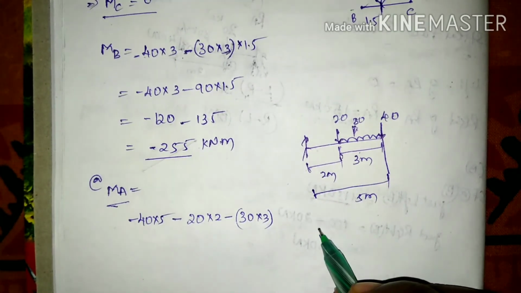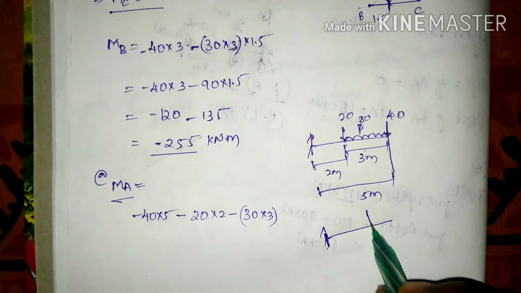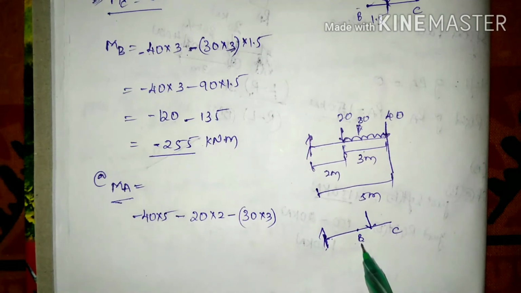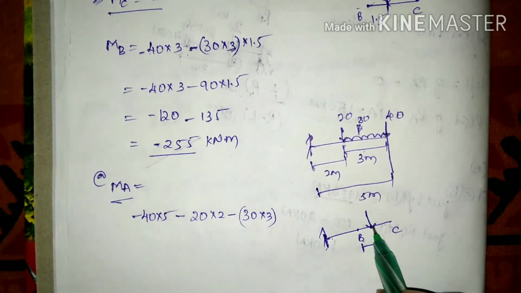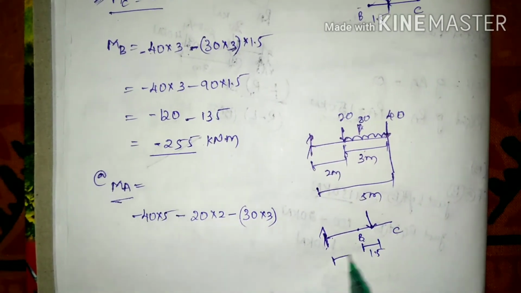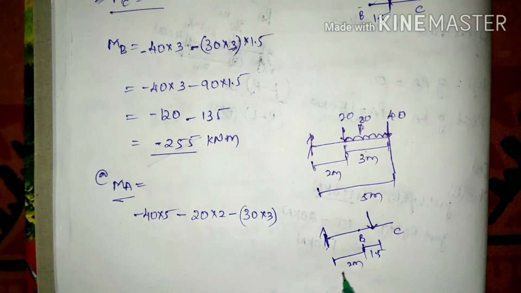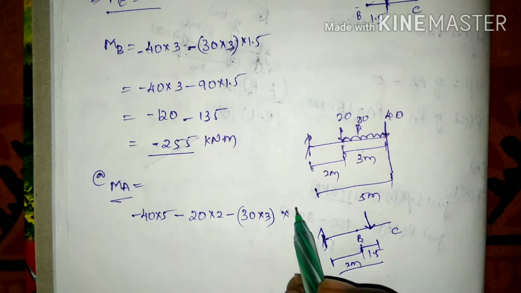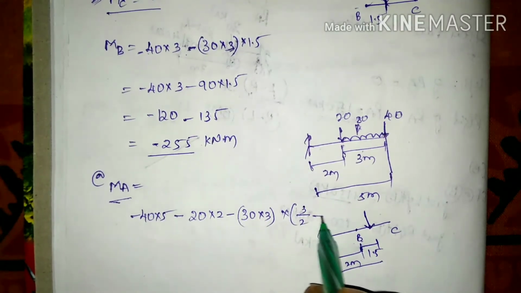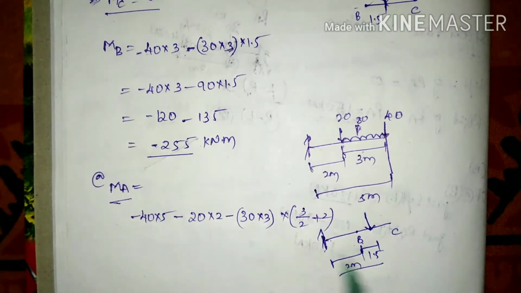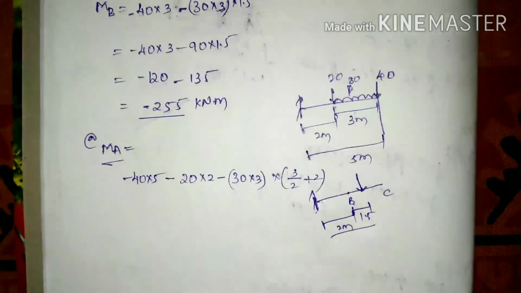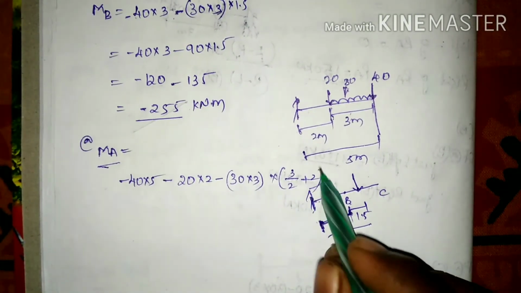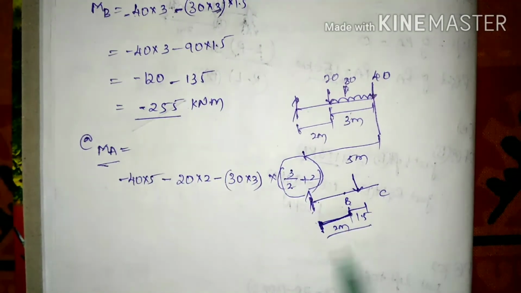When it is converted to the point load, here it is B and C, from B to the point load, that is 1.5, and the distance remaining is 2 meters. The total distance is 3.5, or let us consider 3 by 2 plus 2 meters, because we are taking the moment to the A, so that the remaining distance should be added for only the 3 by 2 distance.